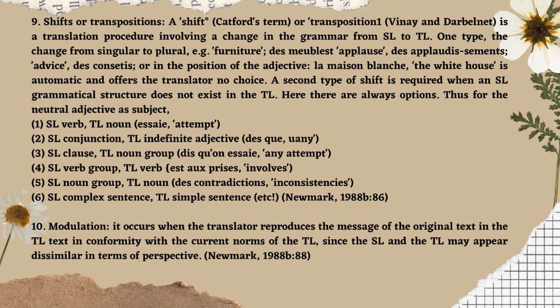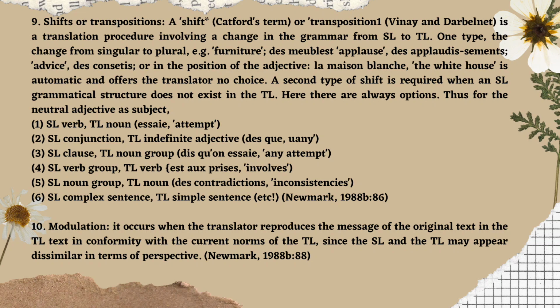The fourth SL verb group, TL verb, for example, involves. The fifth SL noun group, TL noun, for example, inconsistencies. And the last SL complex sentence, TL simple sentence.